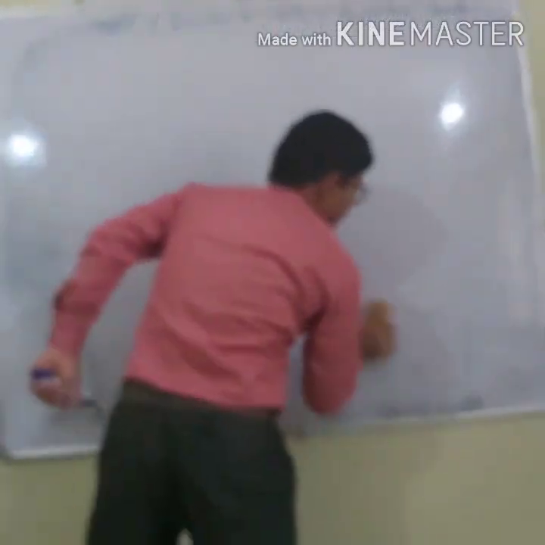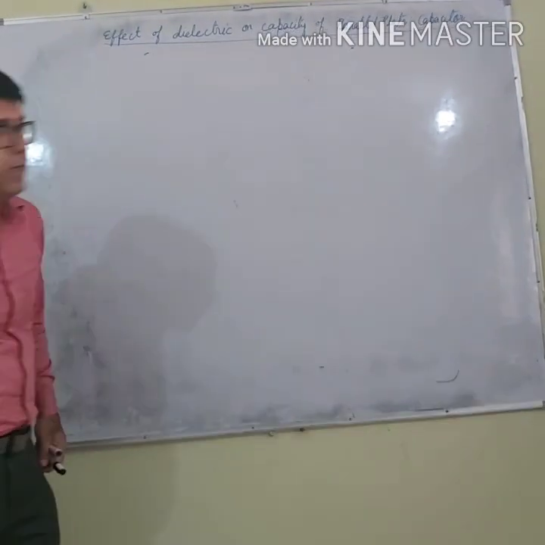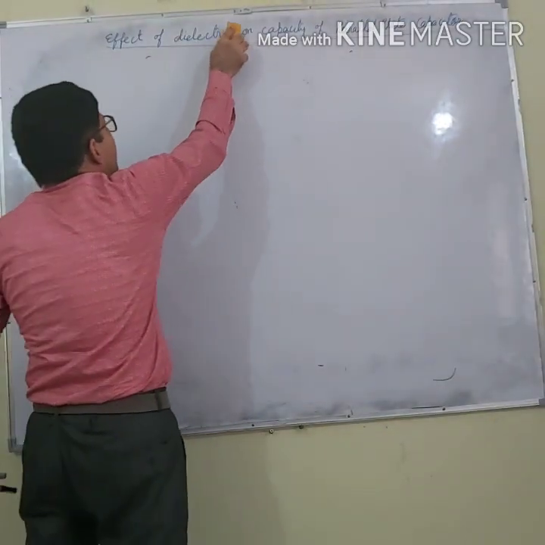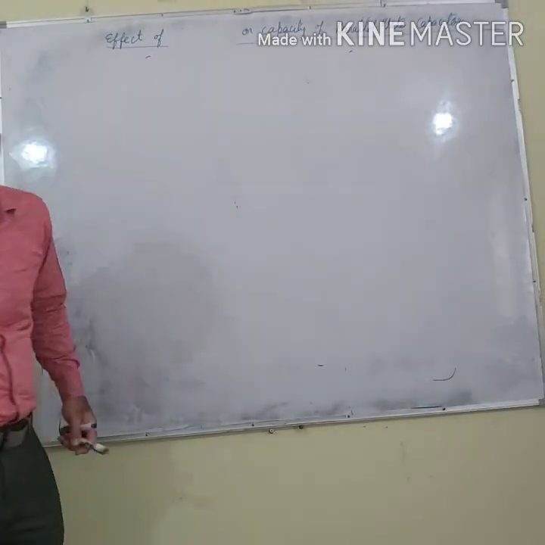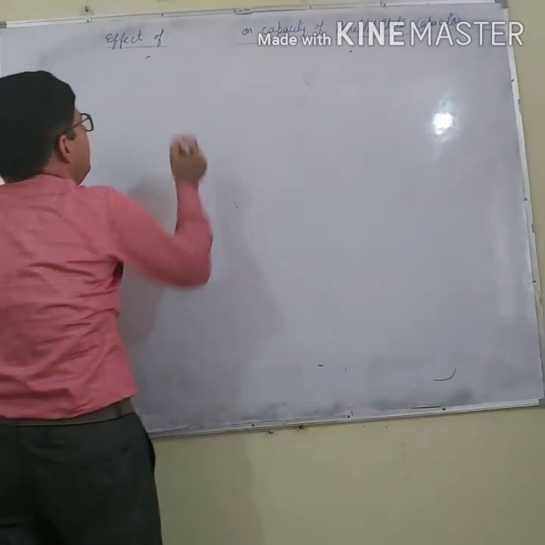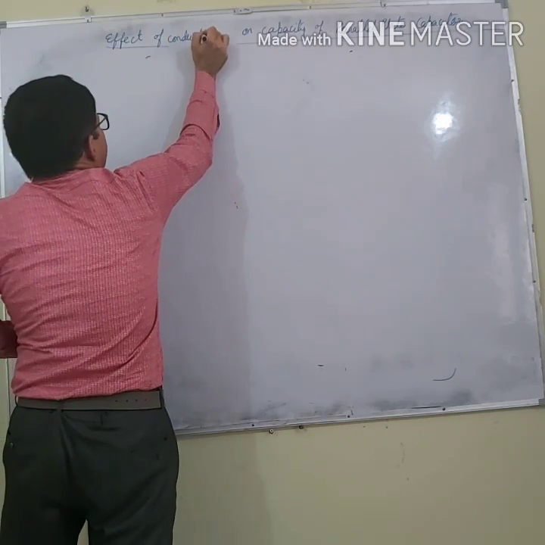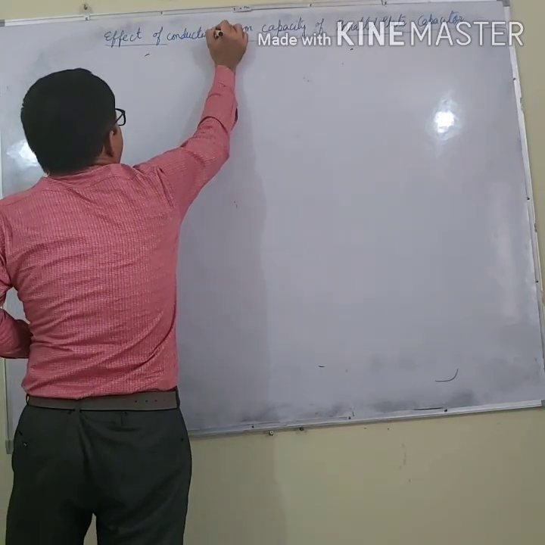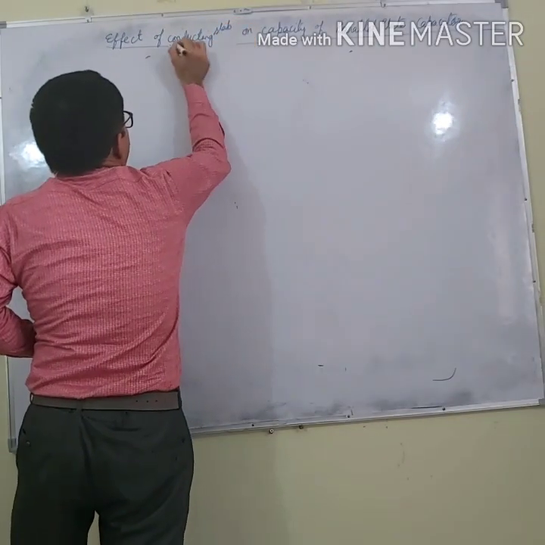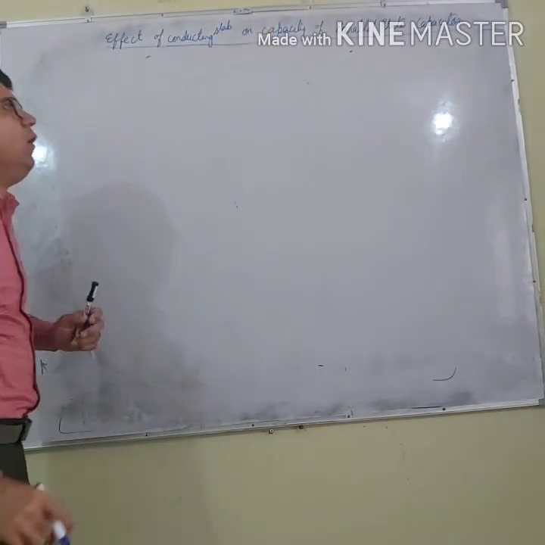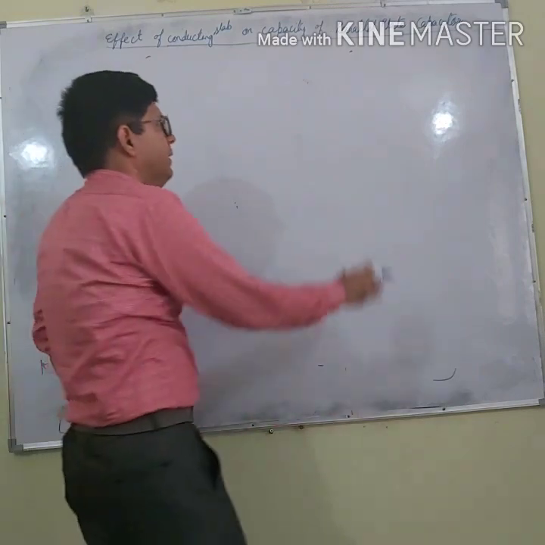So, the effect of a conducting slab on the capacity of a parallel plate capacitor.